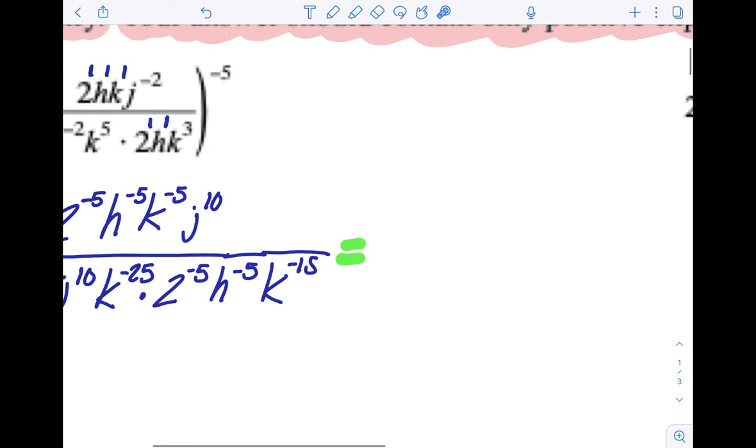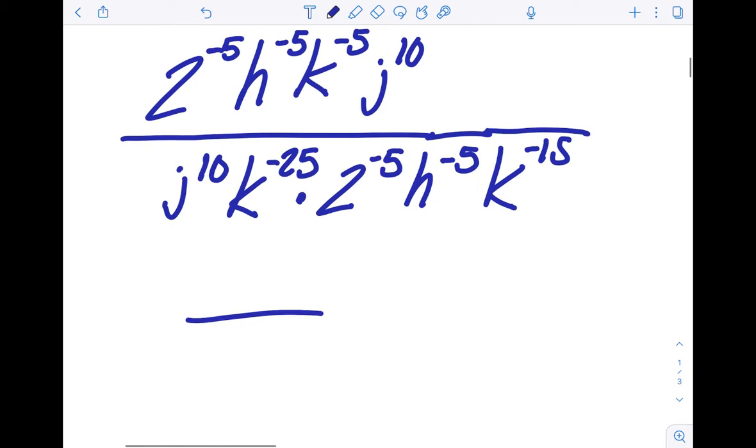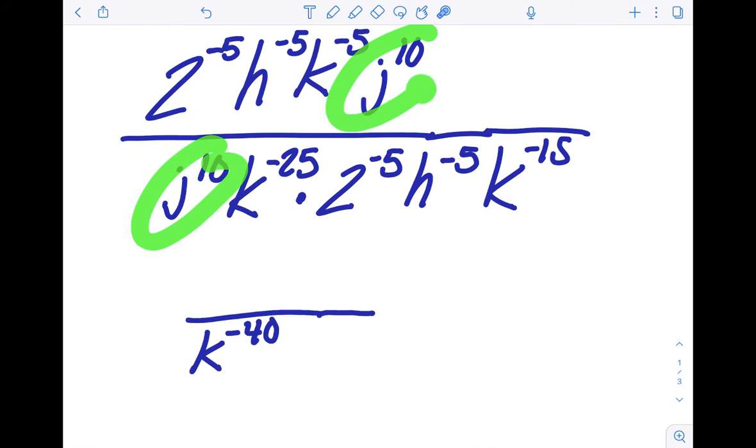So let me write it over here on this side. Oh, let me go down. So I get k to the -40. And there's nothing else that I can combine, so I get j to the 10th. Well, actually, look what I can do here. This j to the 10th and this j to the 10th.